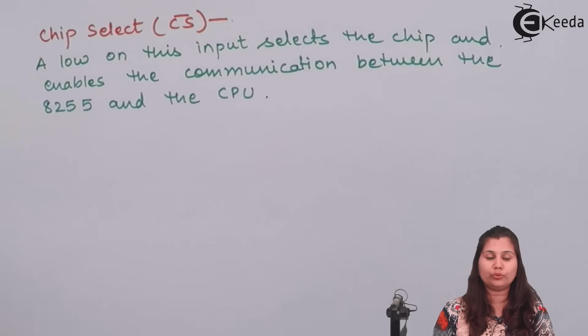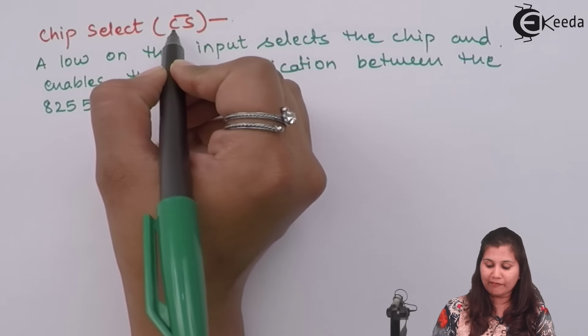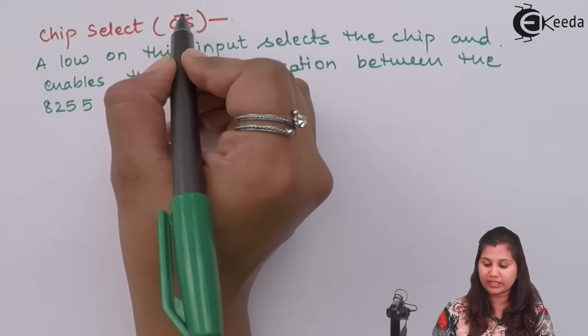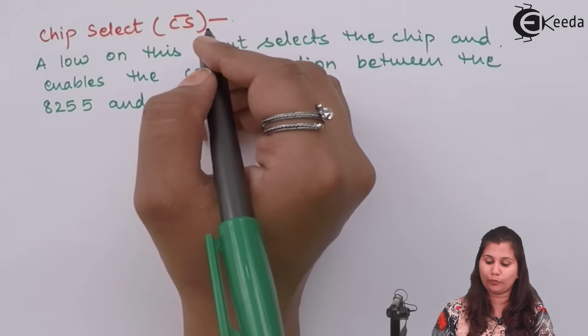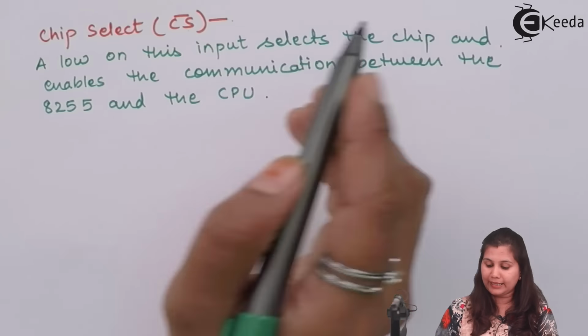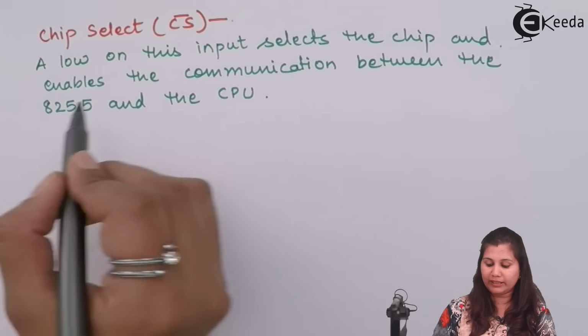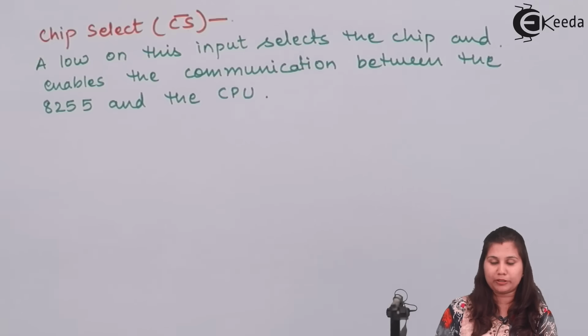It means if we want to use the 8255 programmable peripheral interface, then we have to select this IC, and this chip will be selected when this chip select pin is low, because we have a bar over it. So it's an active low signal, meaning it is active when its value is 0. A low on this input will select the chip and enable the communication between the 8255 and the central processing unit of the microprocessor.